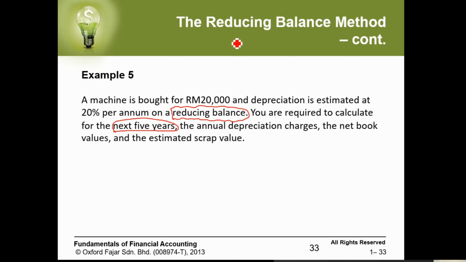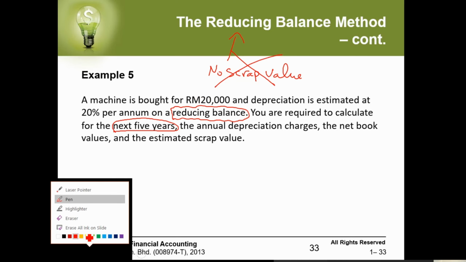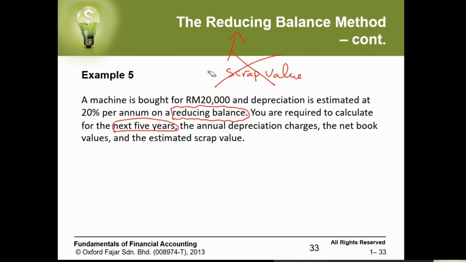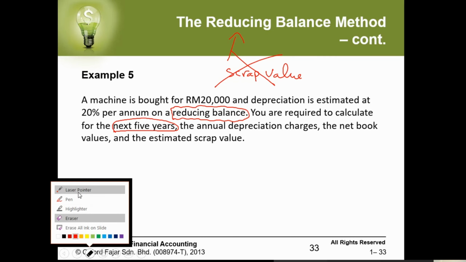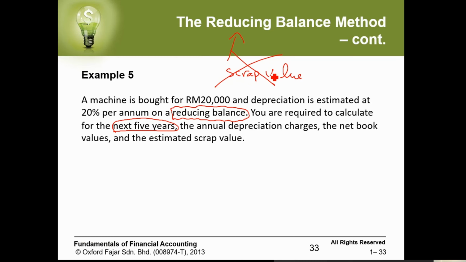By the way, when we have the reducing balance method, we don't take a scrap value, which means we will not be given the scrap value in the beginning. The end balance after we finish using this asset will be the scrap value.